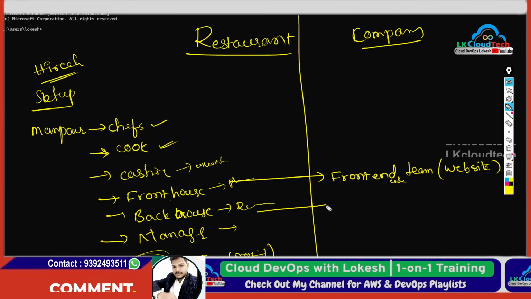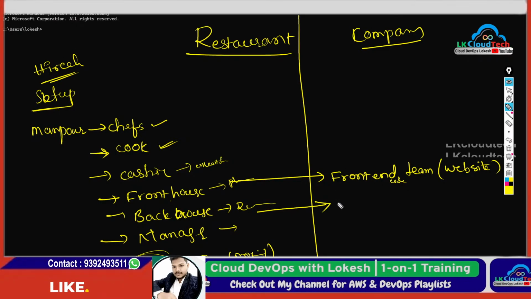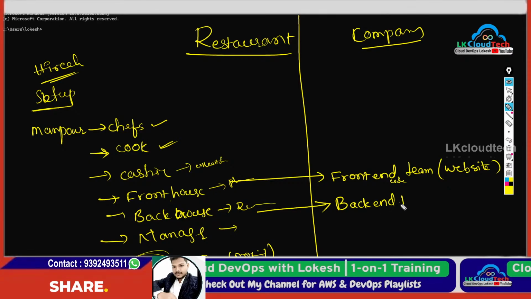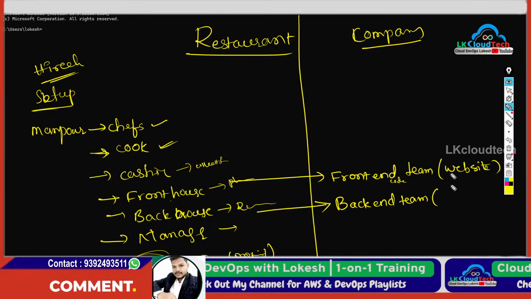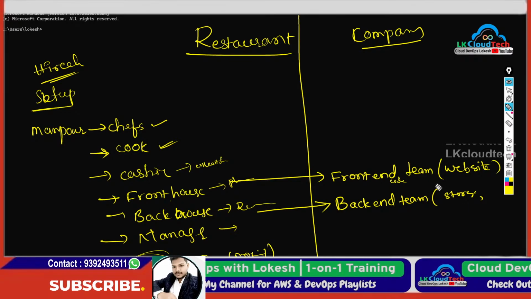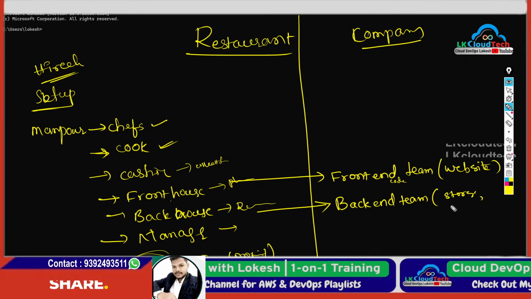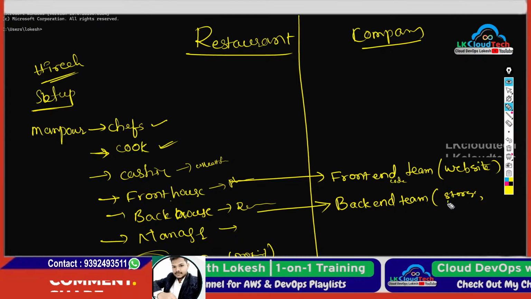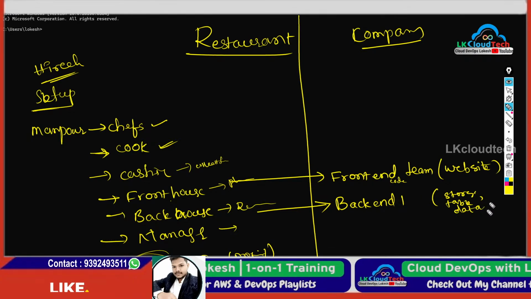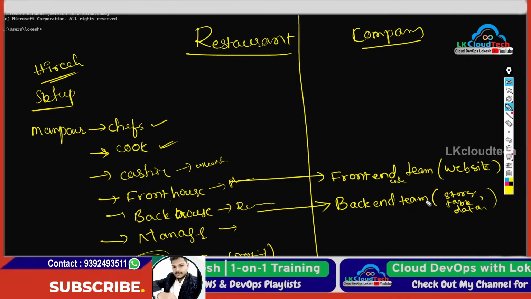The back house you can consider as the back end team, which means storage related, for example tables and data. All of this the back end team will take care of.